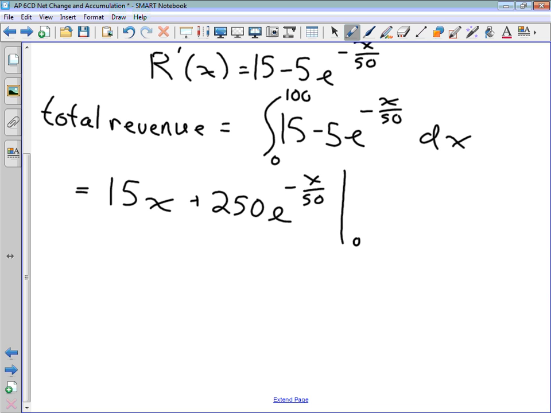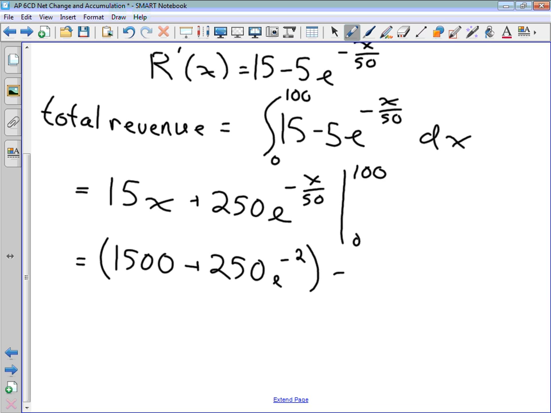And then we are evaluating this from 0 to 100. So if we evaluate this at 100 first, we get 1500 plus 250 e to the negative 2. And then we're going to subtract this thing evaluated at 0, which is just going to be 0 plus 250.